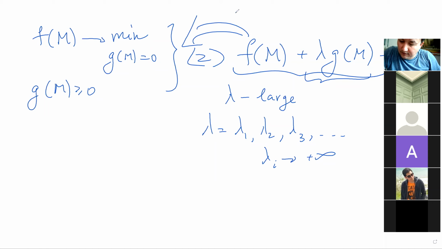So if lambda is large, the solution of the second problem will give you the solution of the first problem.